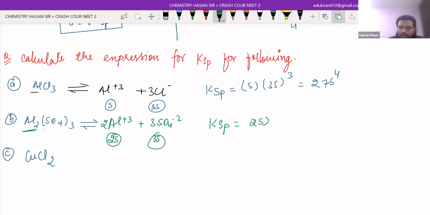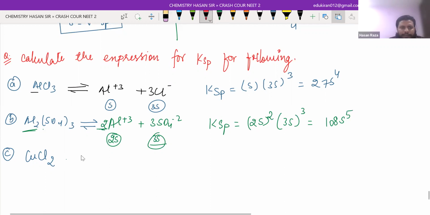So 2s is the solubility, and what is the stoichiometric coefficient? 2. So it will come into the power. 3s is the solubility of SO4 minus 2 and power is 3. So it will be 108 s to the power 5. If you are going to multiply it, cube it and square it and then multiply it, it will be like this. And this is just the same as MgCl2.